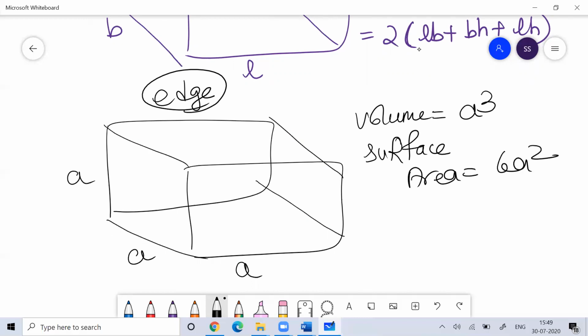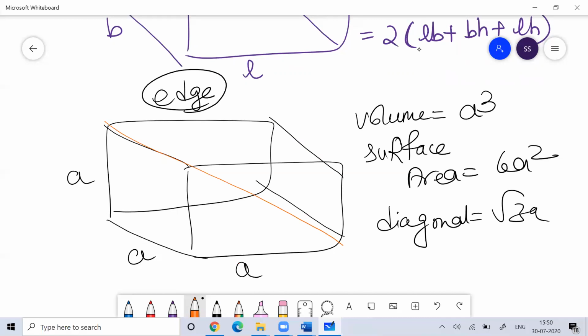And then the next thing is the diagonal. The diagonal of the cube is root 3 a. You can understand this three-dimensionally.